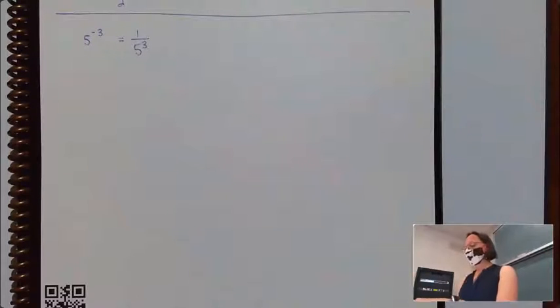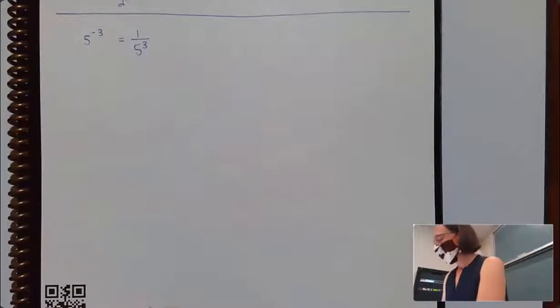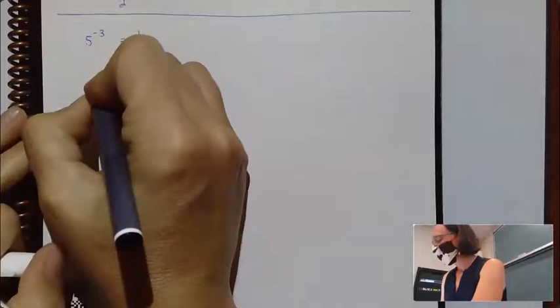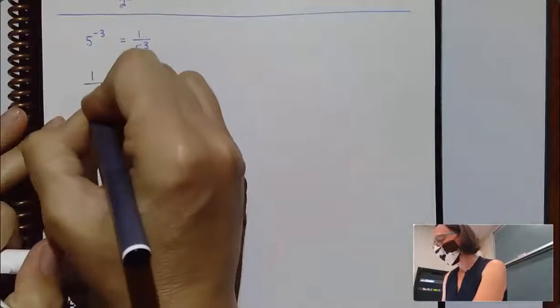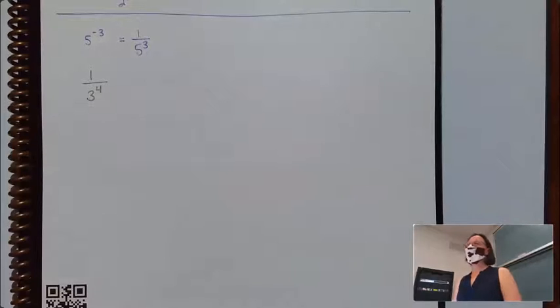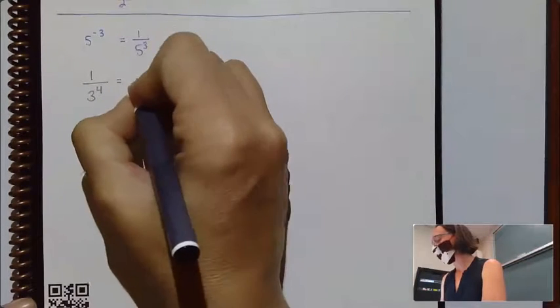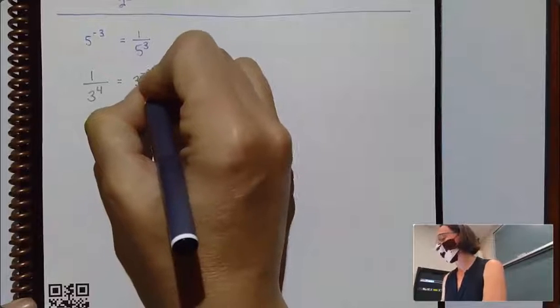So in this case, because I had a negative exponent and that 5 was just kind of hanging out by itself, being on the wrong side of the fraction bar meant that I could move it to the denominator. If I had something like 1 over 3 to the 4th power, I also could choose to rewrite this as saying 3 to the negative fourth.